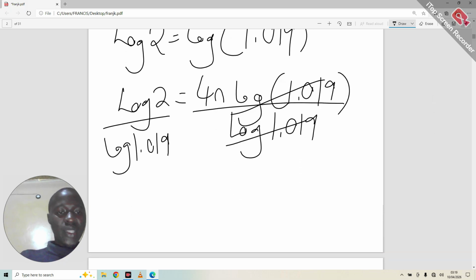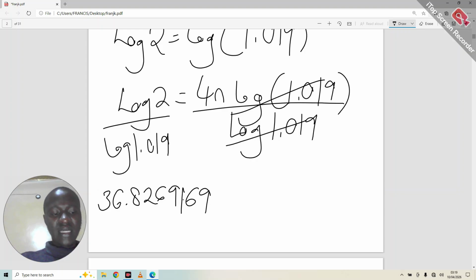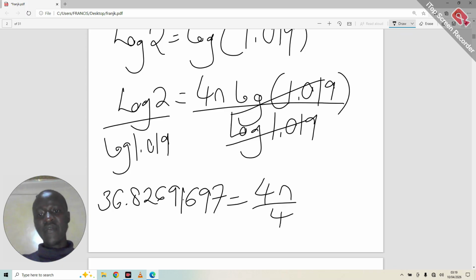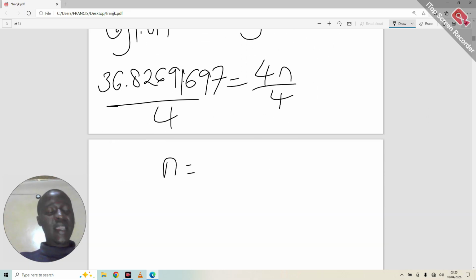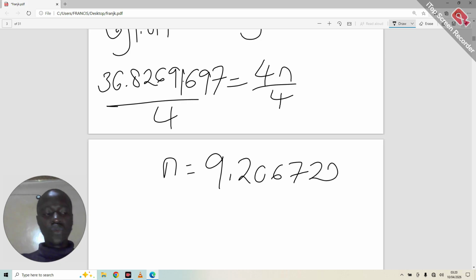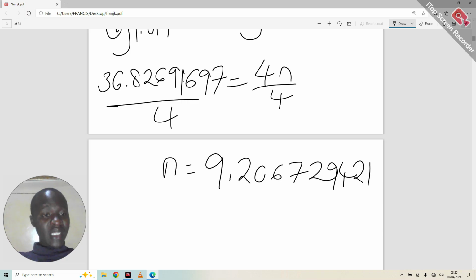We get 36.82691697 equals 4n. We want the value of n, so divide by 4. So what is our n, guys? n is 9.206729421.